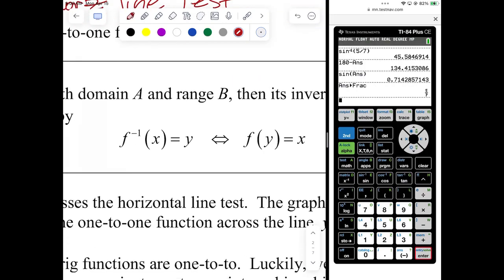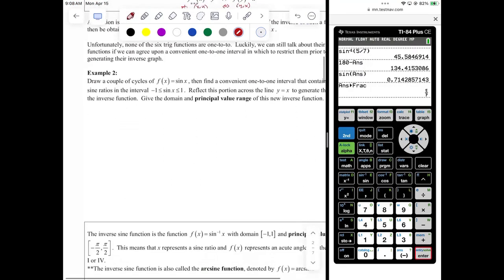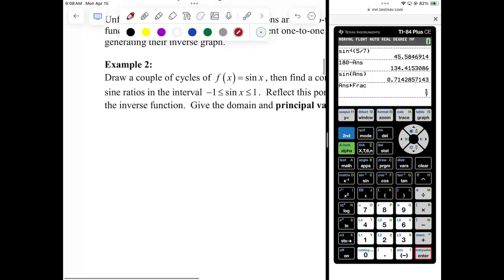So if f inverse of x equals y, then f of y equals x. In other words, you have the point (x, y) on one function, and that means the point (y, x) is a point on the other function. They are each other's inverses, and there's only one. There's only one y for x, and there's only one x for y. Got it? That's one-to-one.